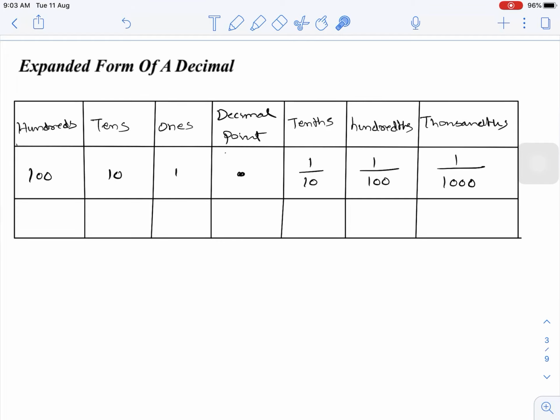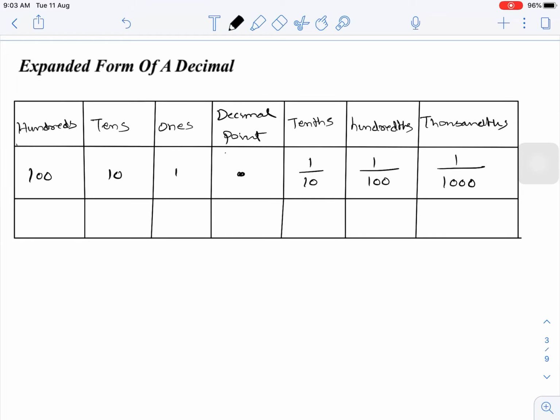In the whole part, the place values are ones, tens, hundreds and so on. But to the right of the decimal, the place values become 1/10, 1/100 and 1/1000.